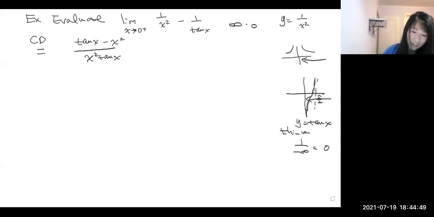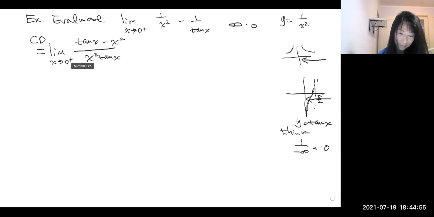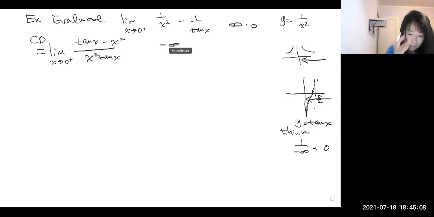Okay, when x approaches 0 from the right, then we have 10x, which is negative infinity, and minus x squared, which is infinity, right?